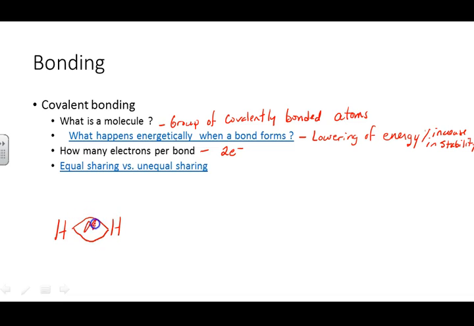It's densest right through here. It's the fat area of the bond, and then it sort of drops off into a tapered area out here. The thicker the area, the more likely of finding the electron in that location. So where we would expect to find the electrons here is somewhere in between. They're most likely to be found in this zone in between. This is equal sharing.